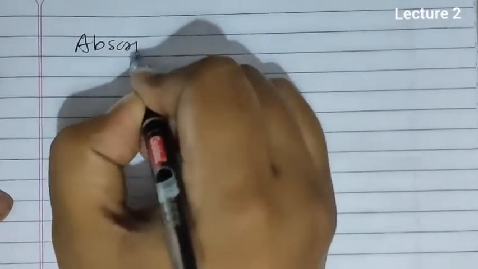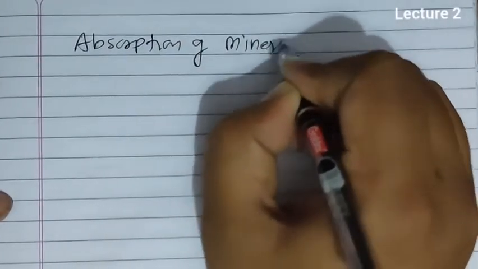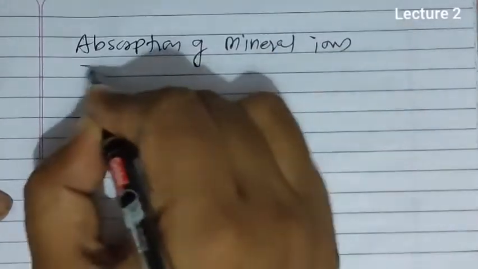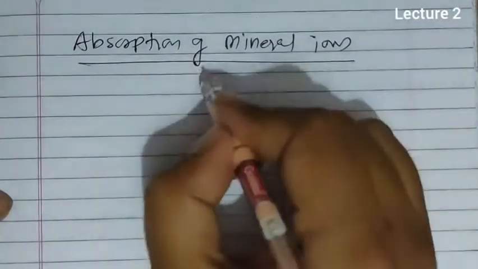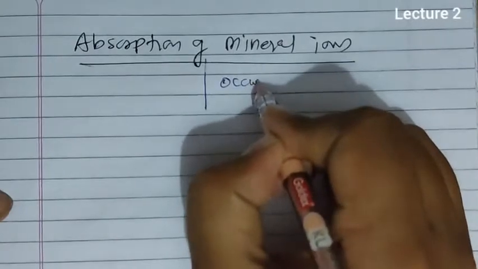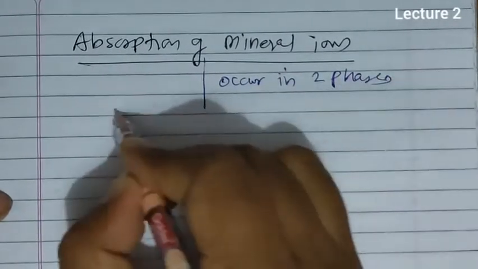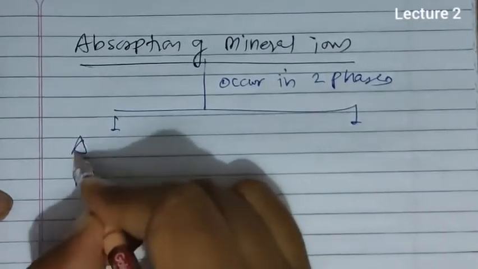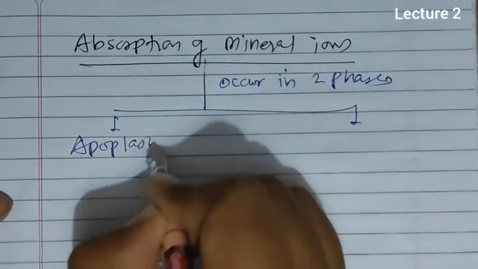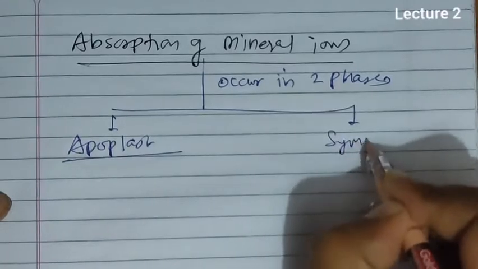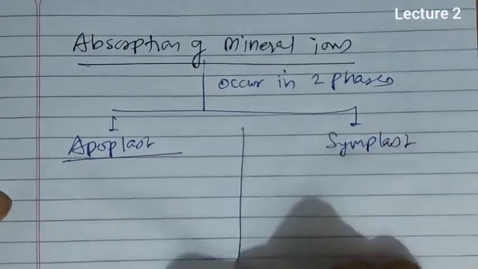Next topic which we are going to talk about, that is absorption of mineral ions. Now this absorption of mineral ions occur in two phases, that is apoplast and symplast.